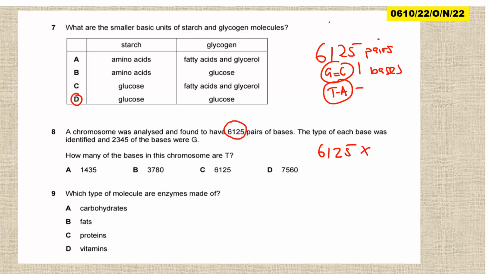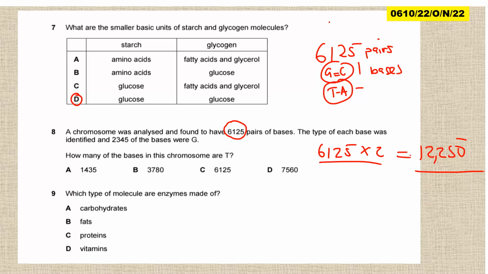What I want is to find the total number of bases. So these are pairs, but to find the total number of bases you multiply by 2. So 6,125 multiplied by 2 is giving me 12,250. This is the total bases.